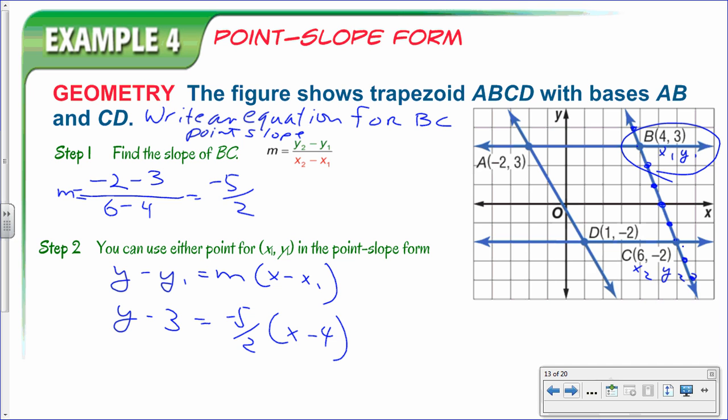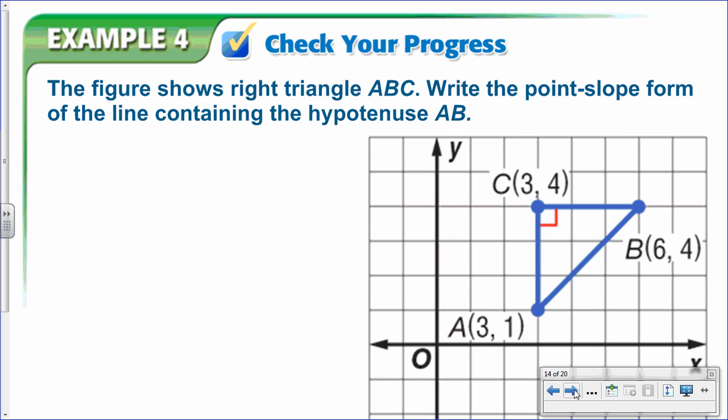Remember the extra interpolation? If I can write an equation, then I can plug in input values to find out what my output is. Okay? Yeah, there's the CYP.